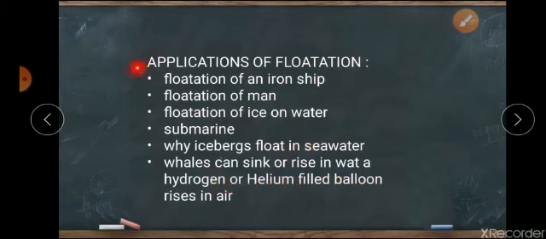All these applications are based on the three conditions of density, comparing the density of one with the other, to see whether it will float or sink. So read through these explanations given in your textbook properly, keeping these three main cases in your mind.